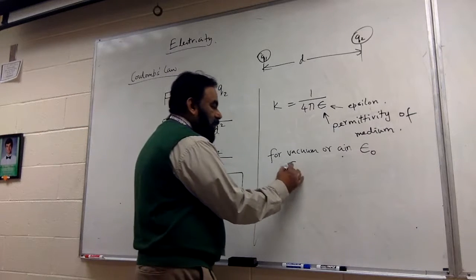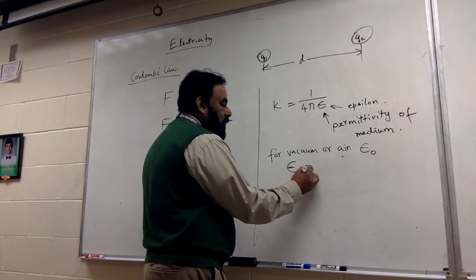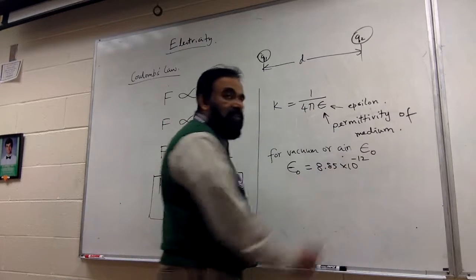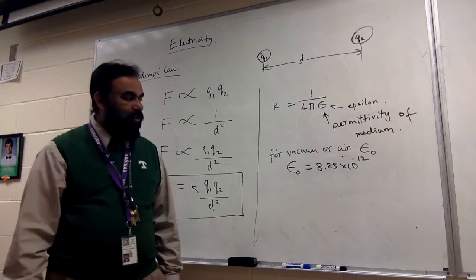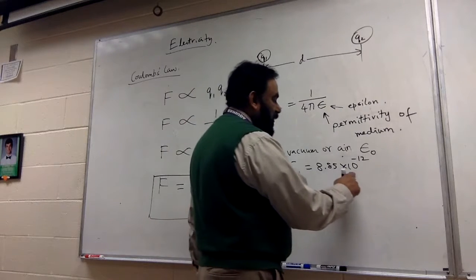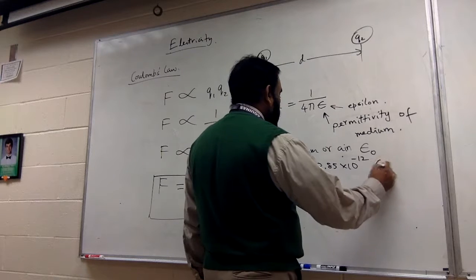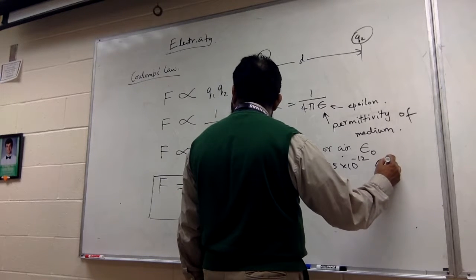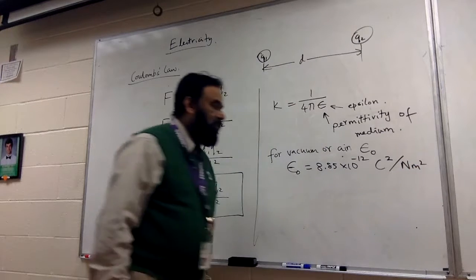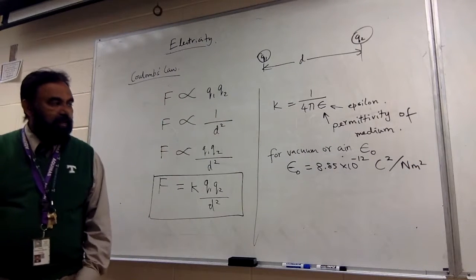And what is epsilon naught? It's 8.85 times 10 to the power of negative 12. It's a fixed number. For vacuum or air, epsilon naught is only one value, which is 8.85 times 10 to the power minus 12 Coulomb square over Newton meter square. That's the unit of epsilon naught.